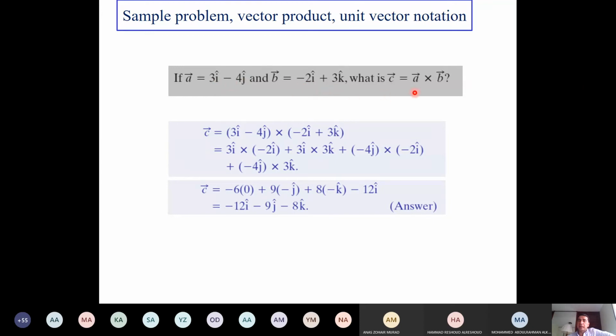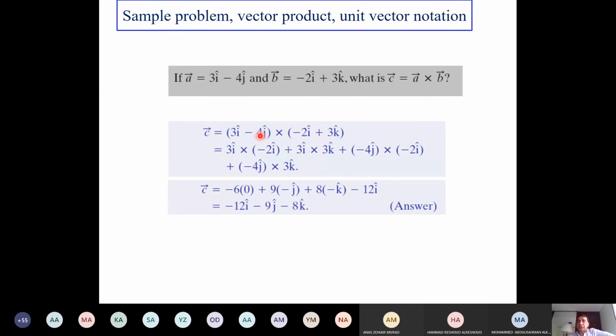When I'm taking the cross product of them, first of all, I need to put vector A here and the values of vector B here, and then take the cross product. The way this example proceeds, they are making the product of each component with every other component, like 3i cross with this, and this 3i cross with the 3k.